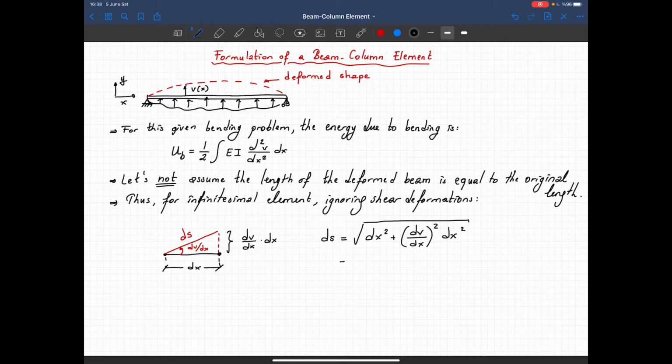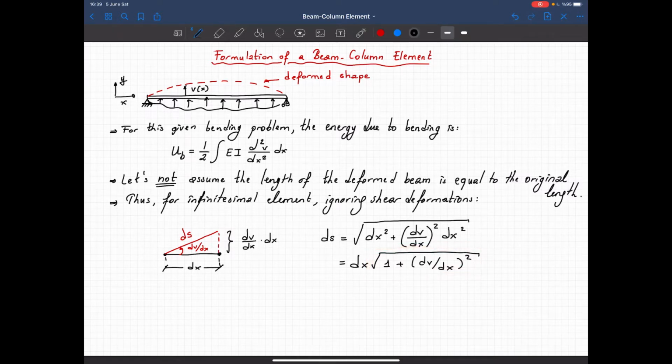I can simplify this as dx times the square root of (1 plus (dv over dx) squared). Now remember that we were ignoring this part. In our previous bending deformation definitions, we were saying that ds is equal to dx. Now we say that I'm no longer ignoring this part.